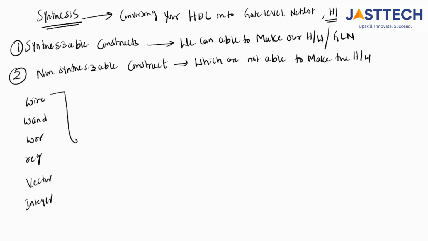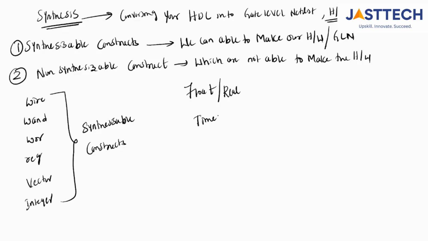These are synthesizable constructs, or synthesizable data types. Next, float or real, and time. Mostly time we use only in the test bench, not in the design. So these are non-synthesizable constructs.